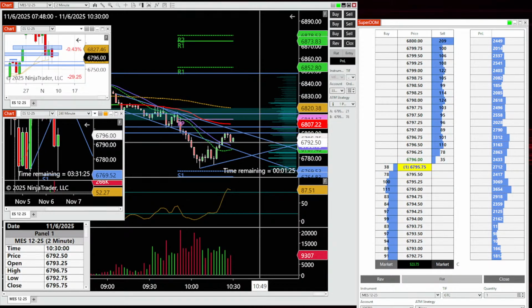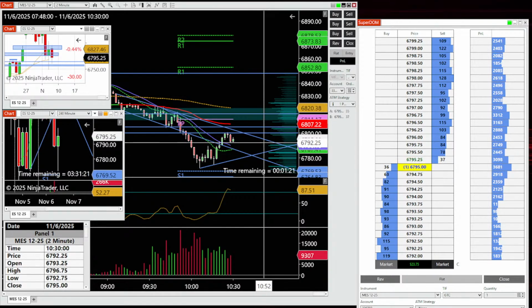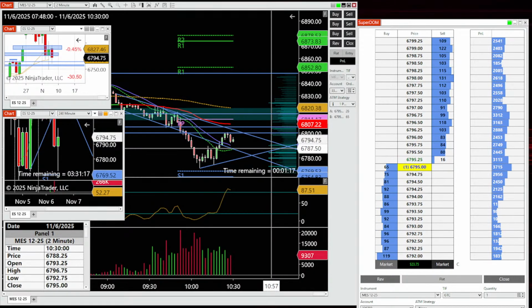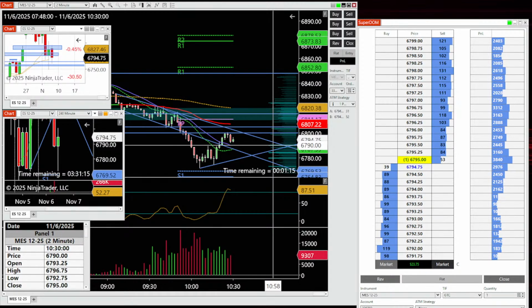All right, support 92. So far it hasn't pulled back to test 90. We're holding 90, above 90, 92.